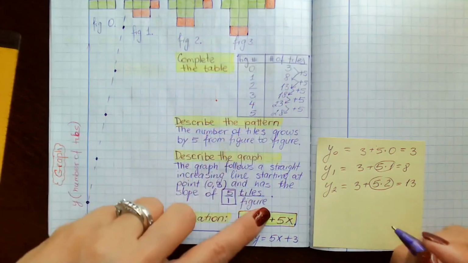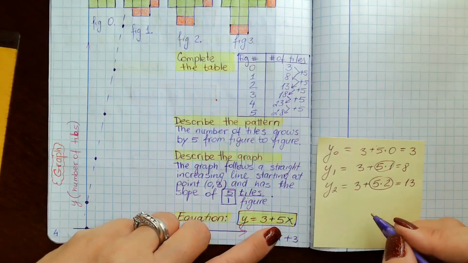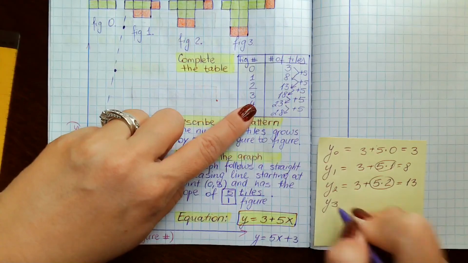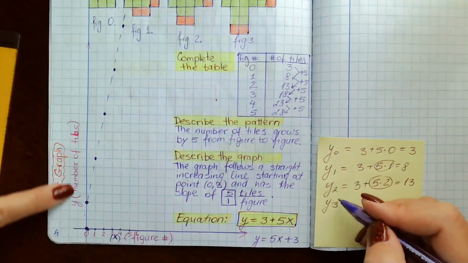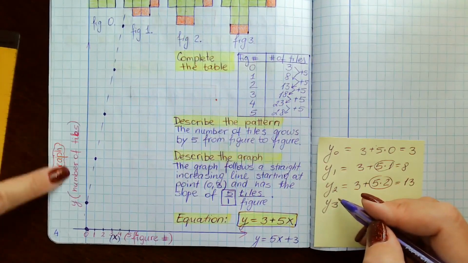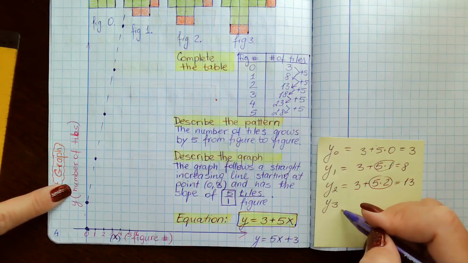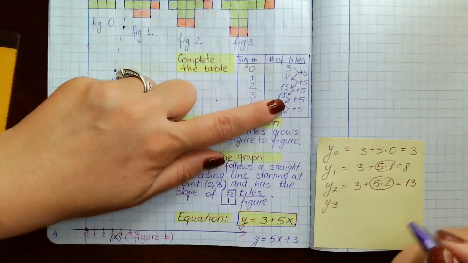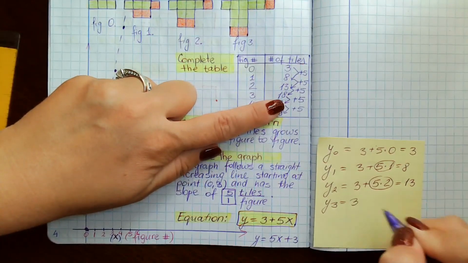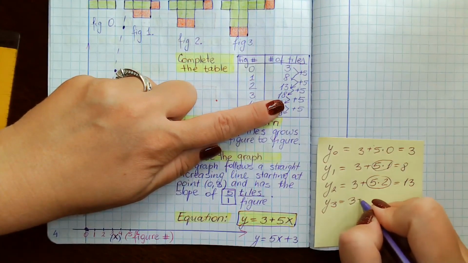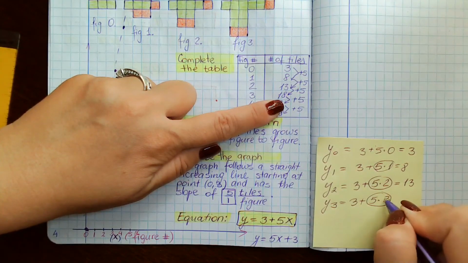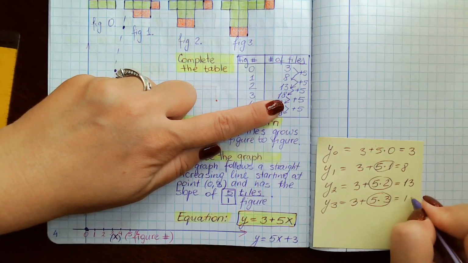That works. So testing my equation to make sure it works for every figure, figure number 3. And y, again, based on my graph notation, is the number of tiles that I'm going to have. So the number of tiles in figure number 3 is calculated by the 3 starting point plus 5 multiplied by the figure number, which is 15 plus 3, which is 18.